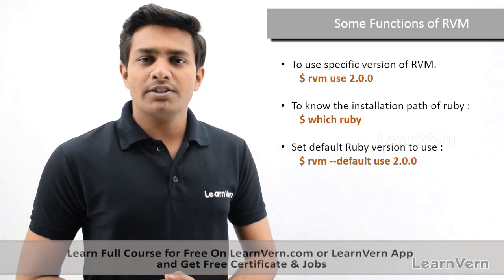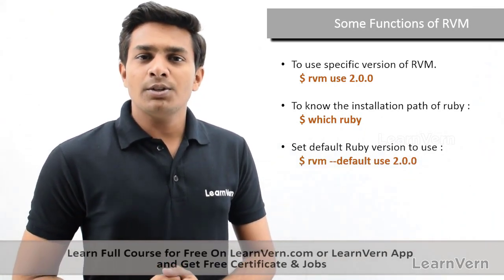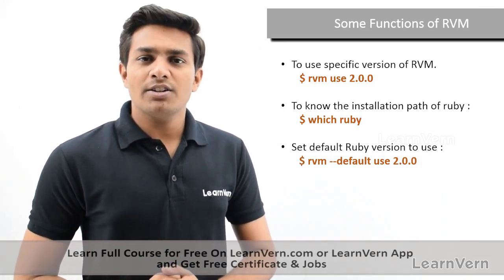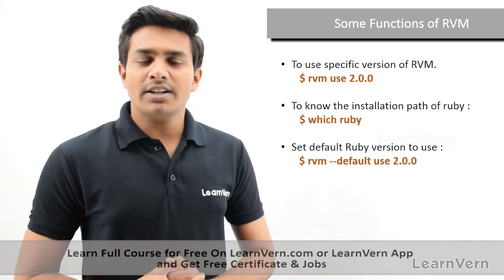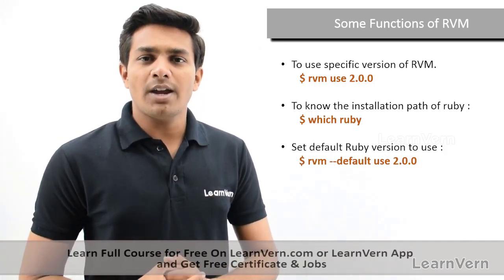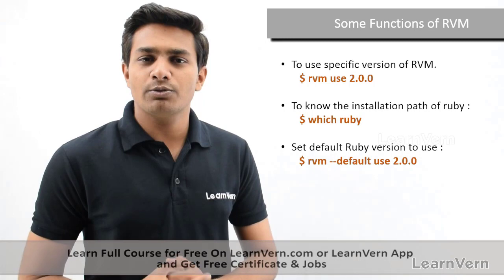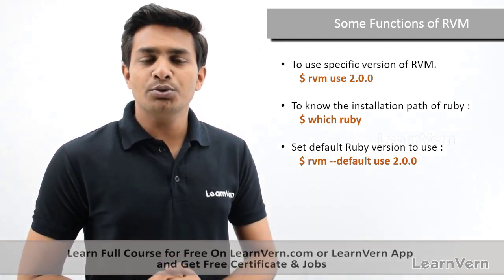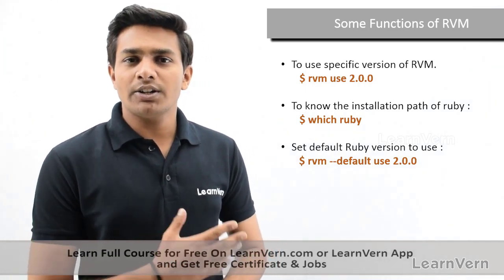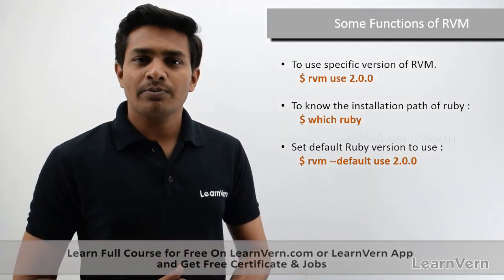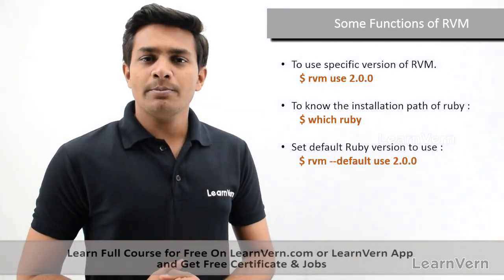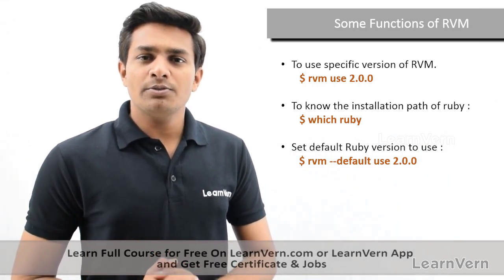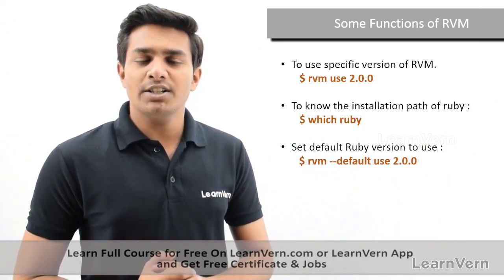We can also set a default version of Ruby. If we are working on multiple projects with different Ruby versions, we can set a default version for Ruby. If I do not specify any specific version of Ruby, it will by default take that Ruby version. So if we want to do such things, we can use the third command that you can see on the screen, that is rvm default use and the Ruby version that you need to set as the default.